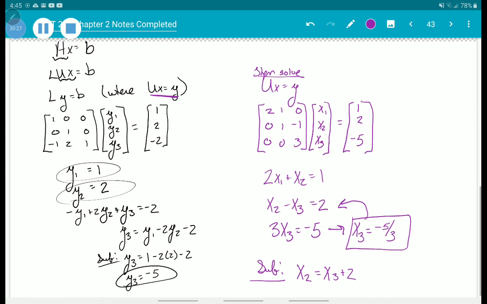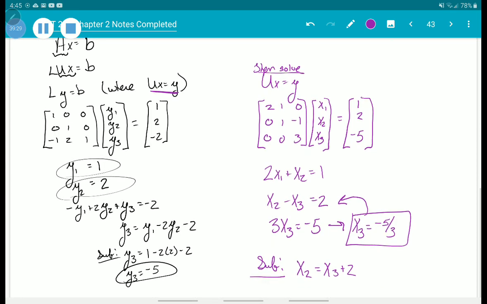And then if I sub in, x2 is going to be equal to negative 5/3 plus 2. And that's going to be equal to 1/3. So now we have x3 and x2.